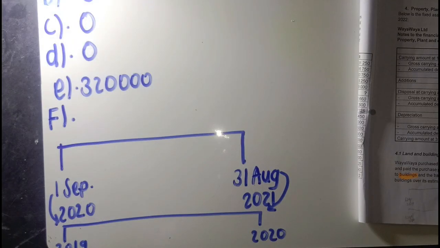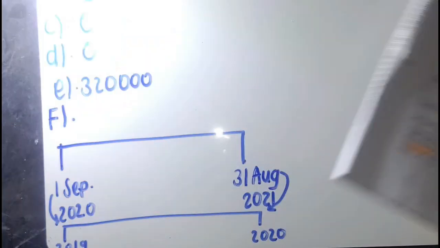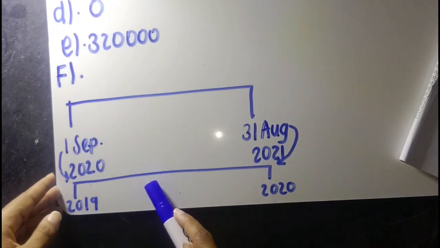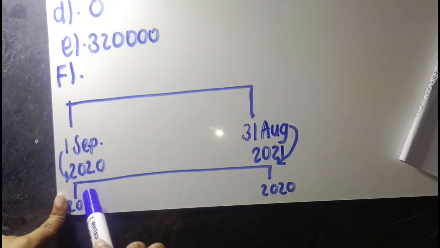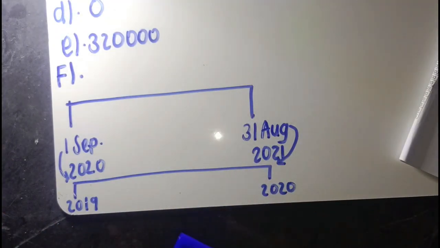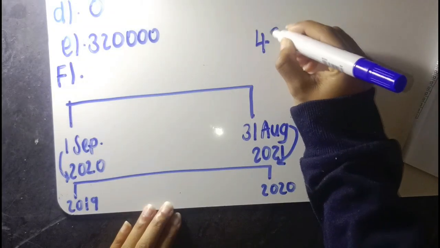So they told you that this building was bought on the 1st of September 2019, meaning that from here, the first date of this, the previous third year, because we're counting the current one, this 2019 year, they bought it on the first date, meaning it depreciated for 12 months. So this question is almost easy. So what you're going to do is say the gross carrying amount, which is 480,000, right? 480.